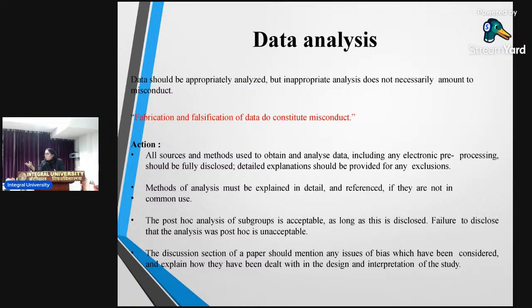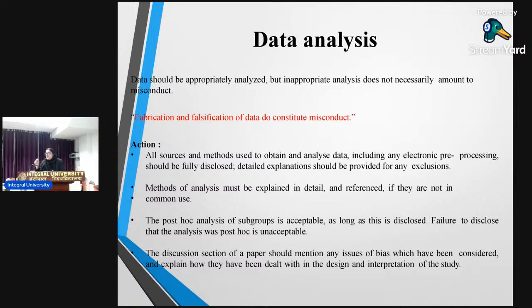So you will not face a problem with the number of participants. You may face a problem with the appropriate testing tool that you have to apply to that set of data, right? If you have accidentally misanalyzed your data, that will not be considered misconduct because it's an honest error, right? Honest errors are not a part of misconduct. Okay, what is misconduct?